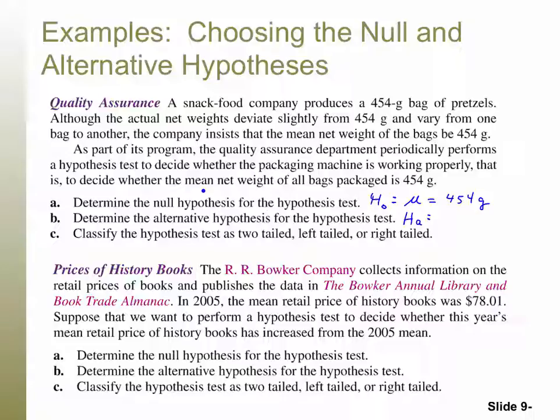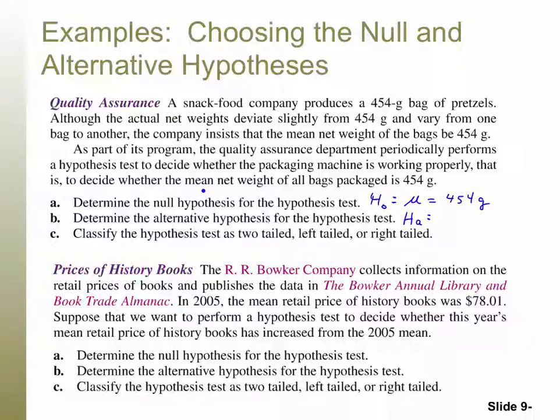You're just asking, is it different than 454? Do we have anything here indicating that we're worried about the bags being specifically too low, or specifically too high? There's nothing in there that says that. It's not that people are complaining that there aren't enough pretzels in their bags. It's just, is the machine working properly? Are we getting significantly close to 454?